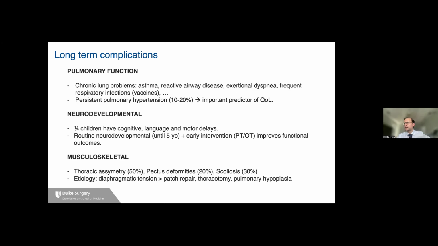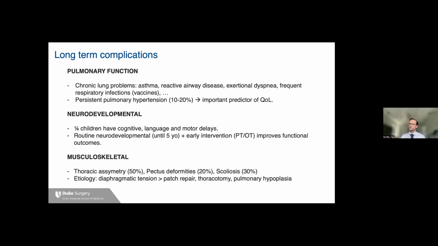And finally, pulmonary function. These kids end up with long-term chronic lung problems such as asthma, reactive airway disease, exertional dyspnea, as well as frequent respiratory infections. So we routinely advise them to get the vaccines for pneumococcus and other lung infectious organisms. And then 10 to 20% have persistent pulmonary hypertension after the first year of life.